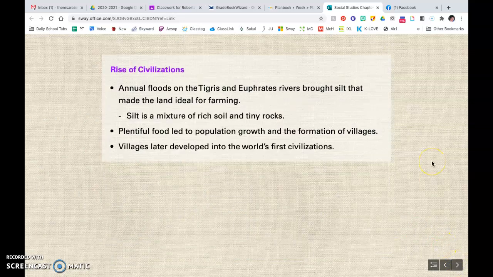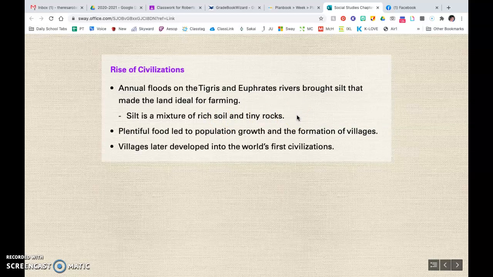So the Tigris and the Euphrates rivers, they flooded annually, which means they flooded every year. They brought silt. That was this rich, fertile soil that made the land ideal for farming. It is a mixture of rich soil and tiny rocks. So now they have this wonderful soil to grow things in due to the floods.